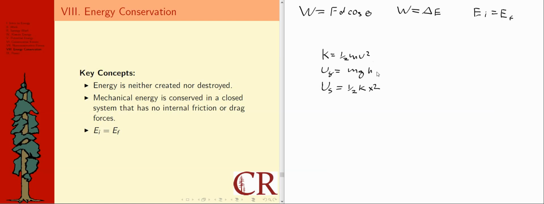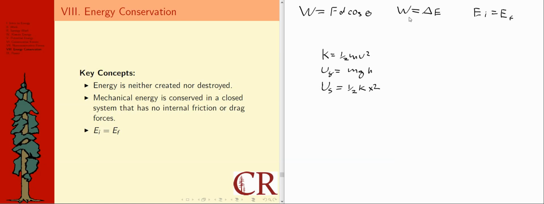And these three formulas here are the three formulas for the mechanical energy forms that tend to come up in this course. So we've got the kinetic energy, gravitational potential energy, and spring potential energy, and that's 1/2 mv squared, mgh, and 1/2 k x squared, respectively.